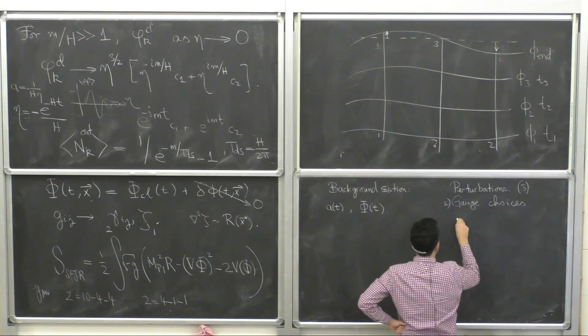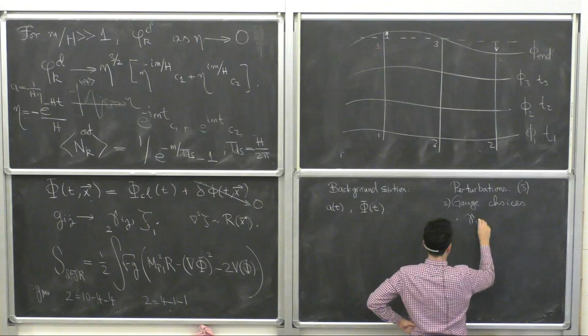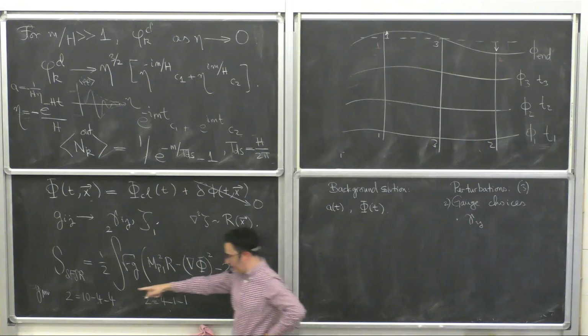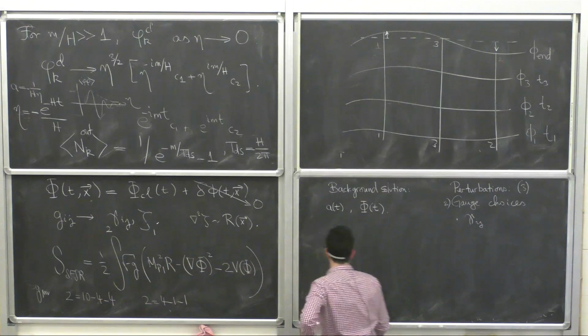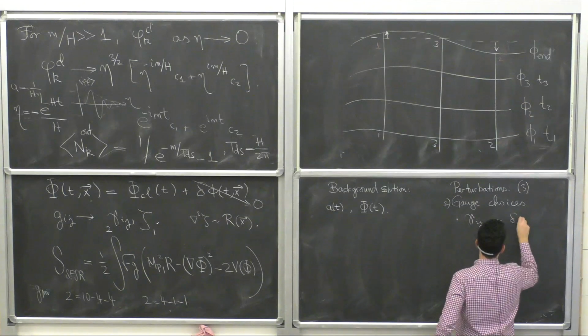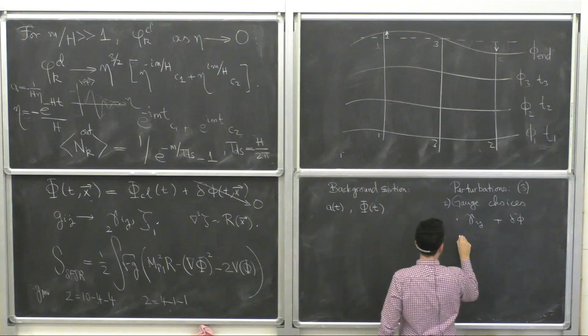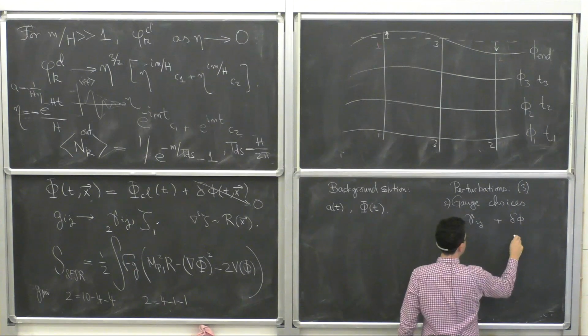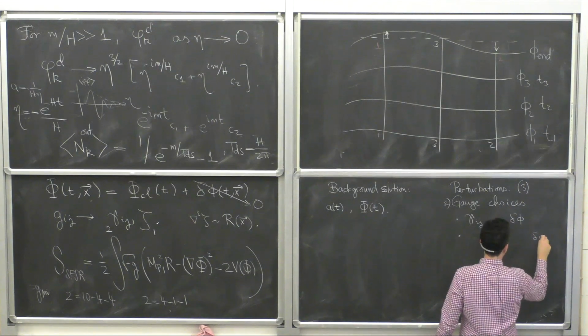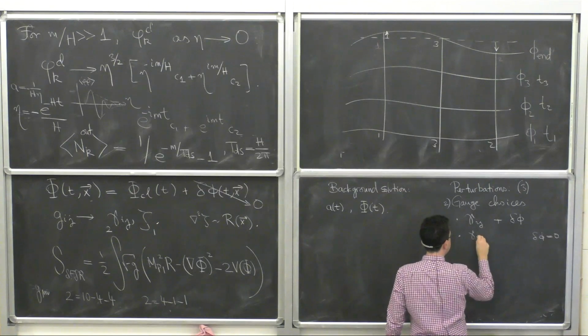Gauge choice number 1 is to think about tensor modes inside of the metric. Just get to 2 from 10 minus 4 minus 4, plus delta phi, scalar field perturbations. Choice number 2 is to set delta phi to 0, and then slice space-time.